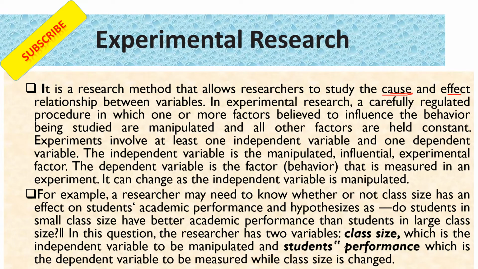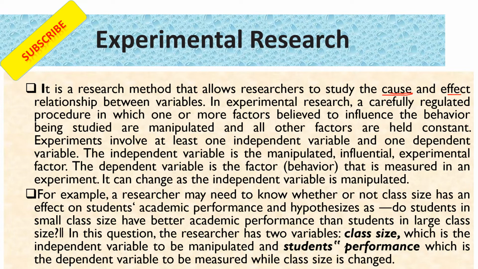Experiments involve at least one independent variable and one dependent variable. The independent variable is the manipulated variable, the experimental factor. The dependent variable is the factor that is measured in an experiment.